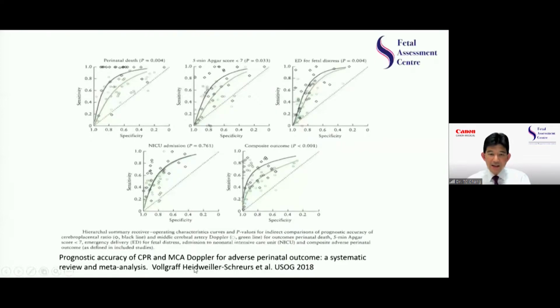This is a very good meta-analysis published in 2018 by Wolf and colleagues, whereby it was demonstrated that whether you predict perinatal deaths or adverse perinatal outcome, you can see that the ROC curve nearest this left side of the graph is usually shown by the CPR as opposed to the other curve, which is demonstrated by the middle cerebral artery PI. So the take-home message: use the CPR if you're going to use it at all, and not the middle cerebral artery PI when making decisions.